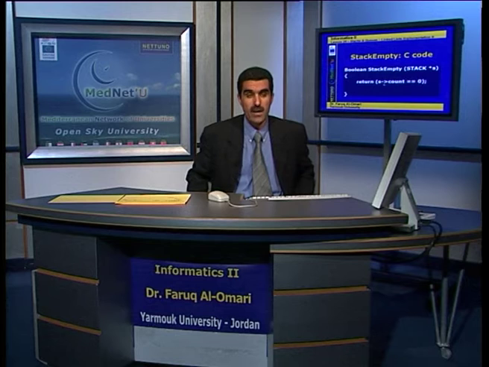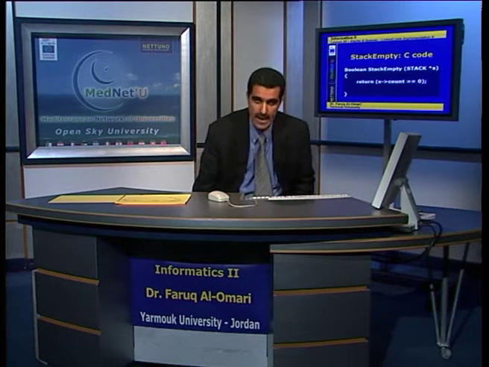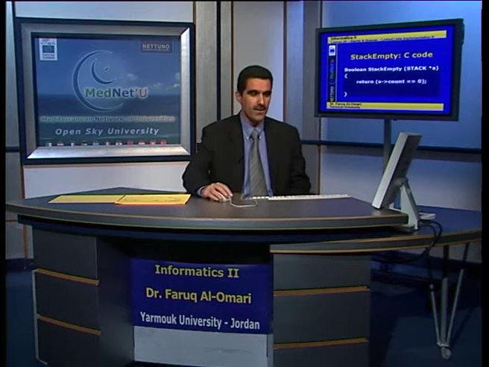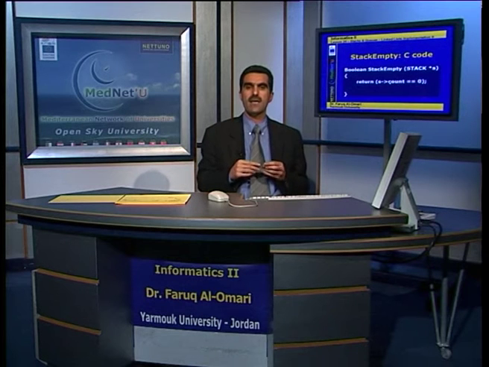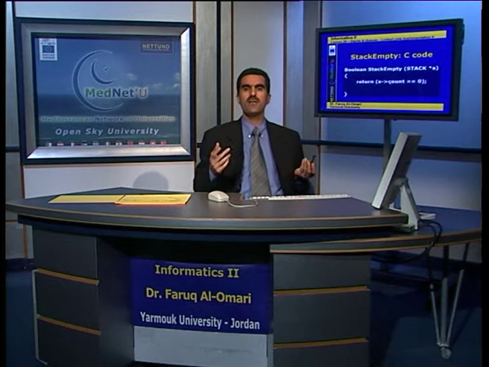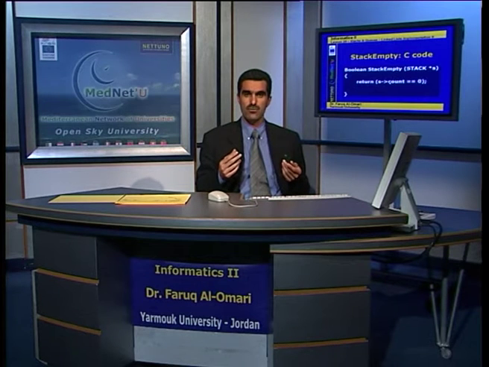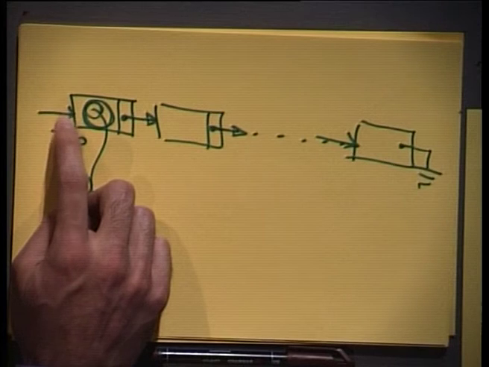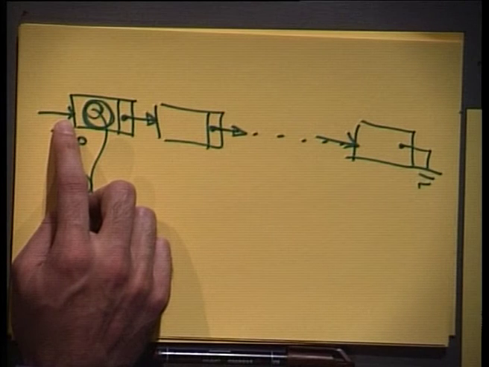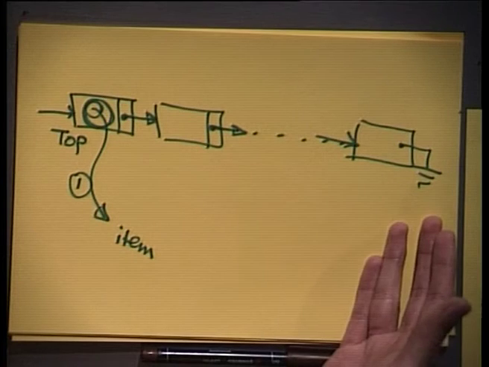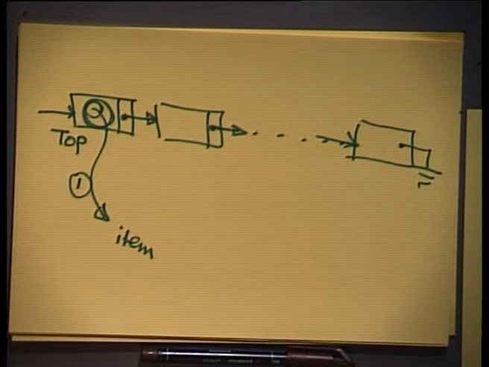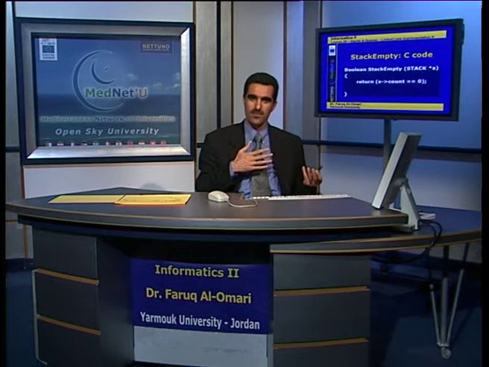Well, however, if the definition of a stack does not contain this integer count, then how would I know if the stack is empty or not? Well, again, it's very simple. All I'm going to do is check where top is pointing. If top is pointing to null, that means I don't have any nodes along the stack. And in that case, I'm going to return true.